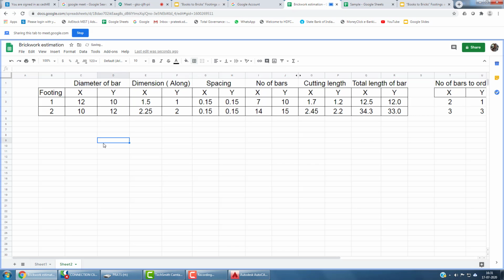Are you guys understanding what I am trying to do here? I am providing for this footing number 1, in x direction 12 mm dia bar. In y direction I am providing 10 mm dia bar at a spacing of 150. Is it clear? This is the reason why I am doing separately here.